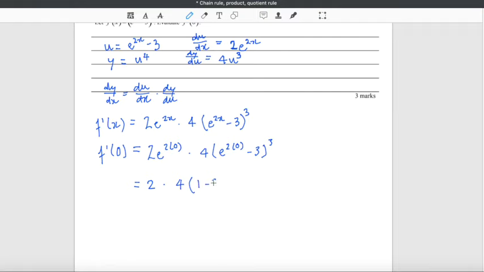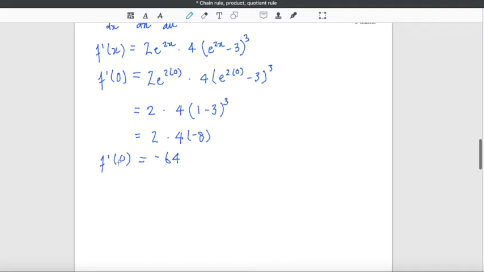It'll be (1 minus 3) cubed. Alright, now these are just numbers, and we just have to crunch them. So it's 1 minus 3 is negative 2, cubed is negative 8, so it's 4 times negative 8. Never be afraid to write too many steps. 4 times negative 8 is negative 32, times 2 is negative 64. So that's our final answer there for f dash of 0.